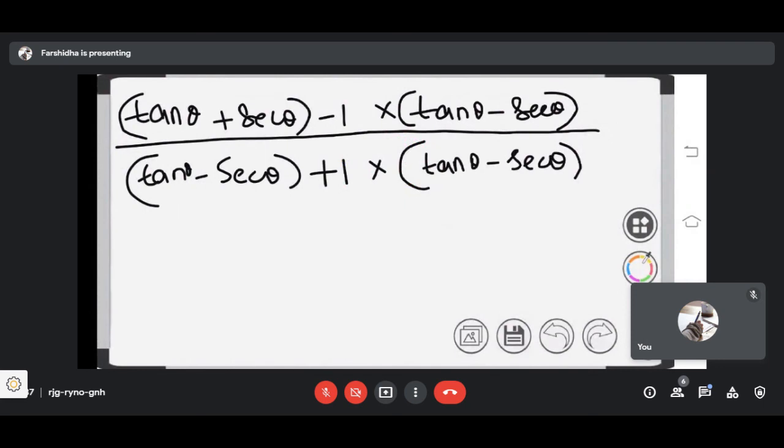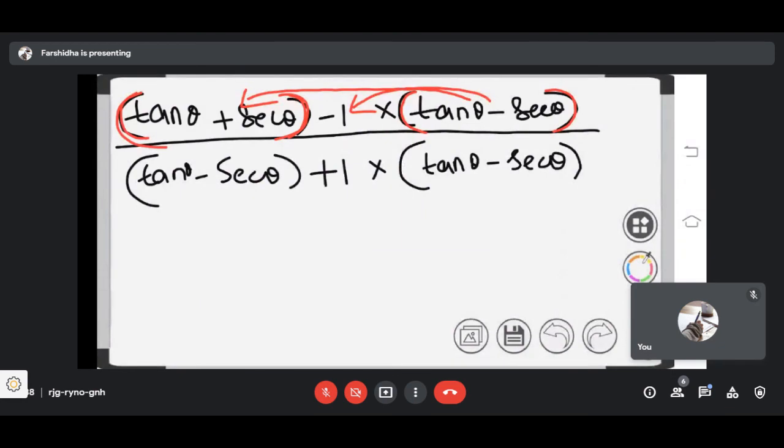So now you can see the two terms here. Tan theta minus sec theta here. See the numerator side. Tan theta plus sec theta here. So I'm gonna multiply tan theta minus sec theta with this term first. See what happens.